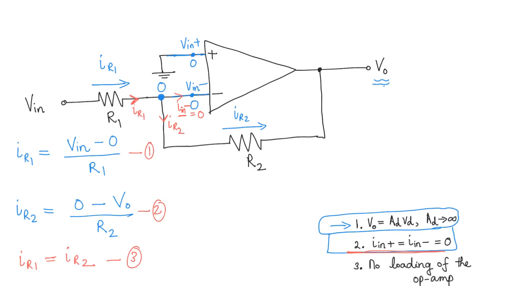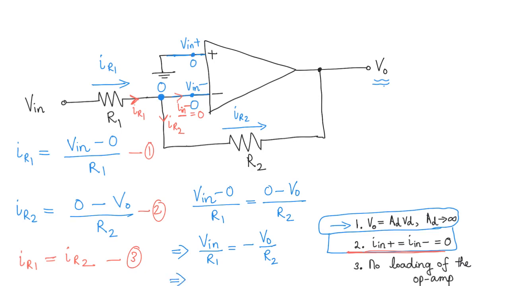What we get is V in minus 0 over R1 equal to 0 minus VO over R2, which implies V in over R1 equal to minus VO over R2. So what is the output voltage? The output voltage is minus V in R2 over R1.